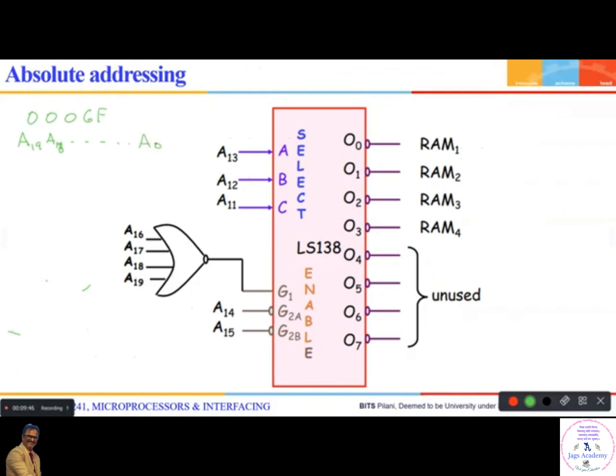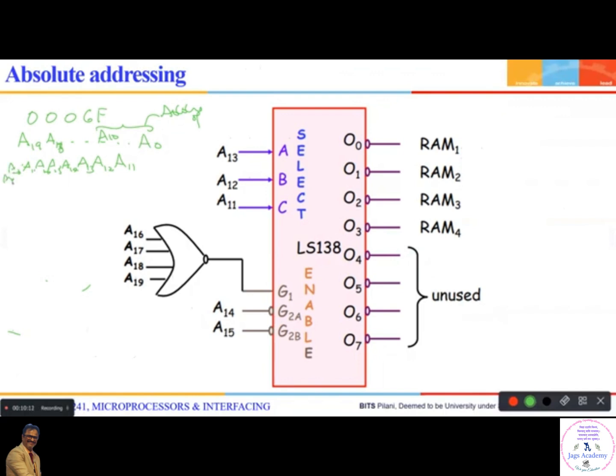So A0 to A10 will go directly as the address lines of RAM 1. Now the remaining ones: A11, A12, A13, A14, A15, A16, A17, A18, A19.